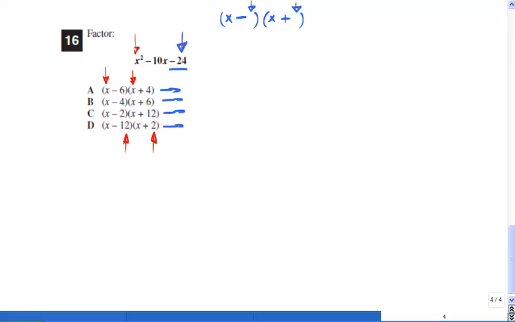Next thing, you're taking your last term, okay? That's negative 24. And you're looking for factors of negative 24 that will add up to negative 10. And the factors are already given to you, all right? The factors are given to you. You have these numbers here.